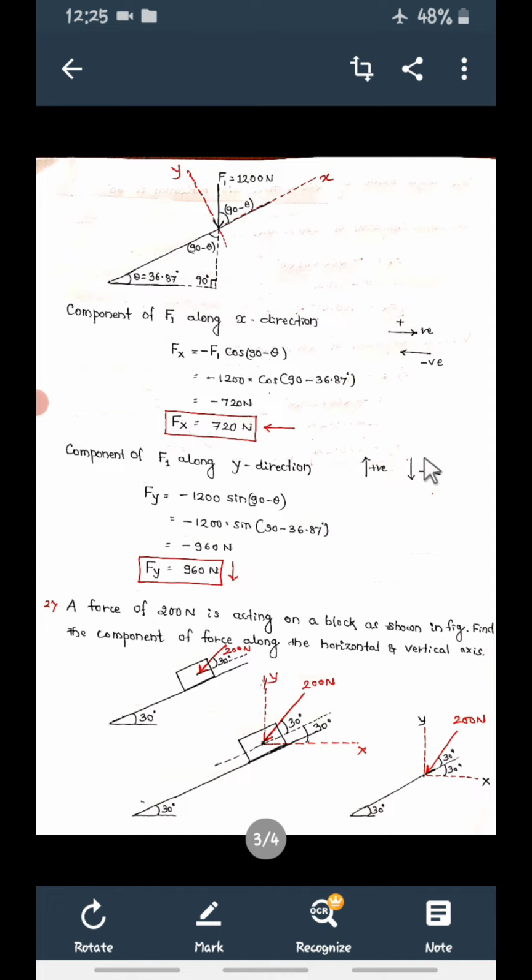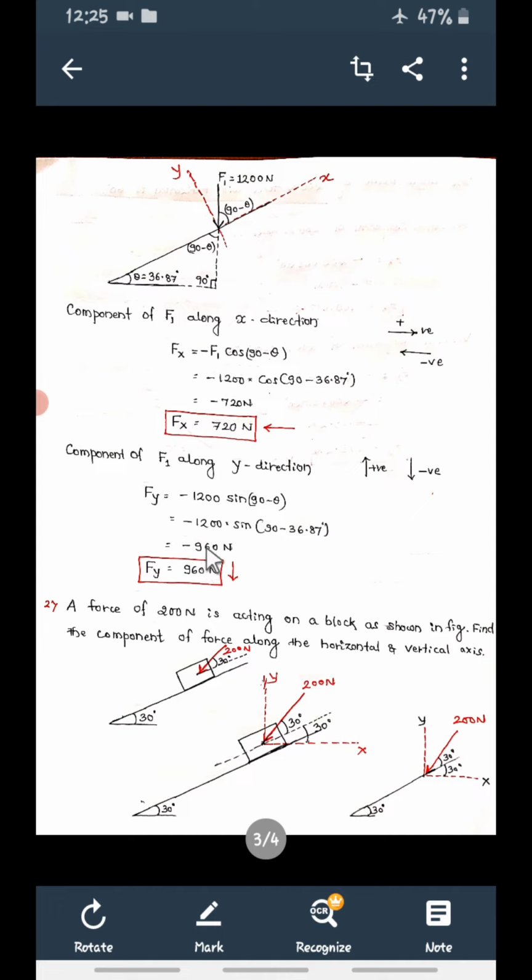Downward means it is minus. 1200 sin 90 minus theta. In horizontal we have taken cos, for vertical it is sin of 90 minus theta. So minus 1200 sin 90 minus theta, again 36.87. So it is minus 960 Newton.